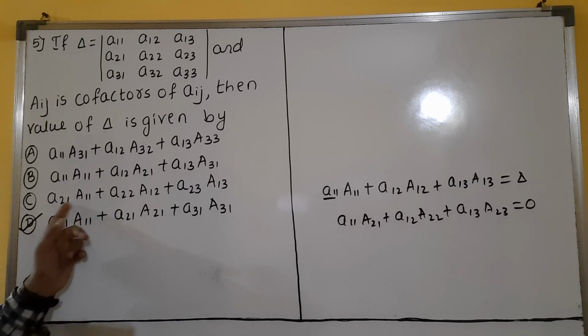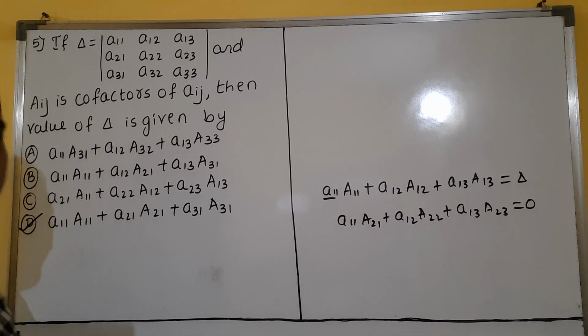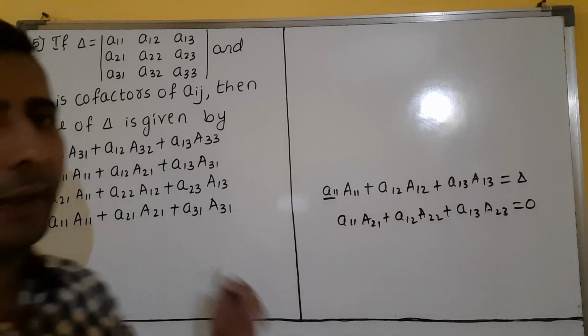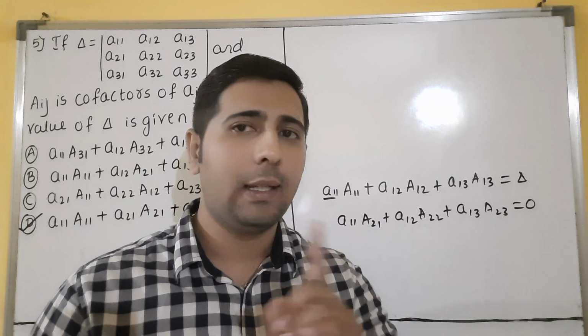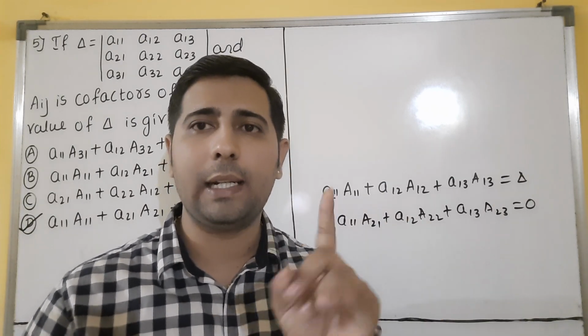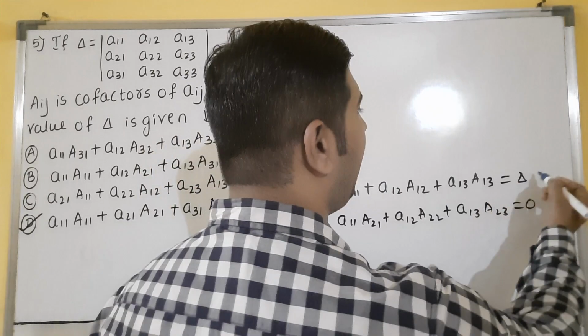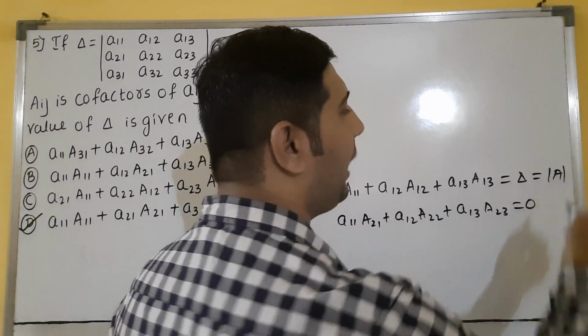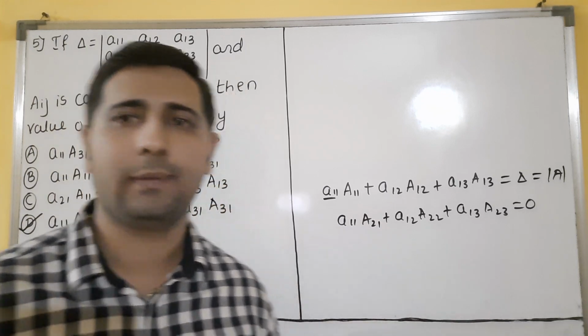You see, A21 is there, A11 is there, not same. They should be the same. If same, you get delta, otherwise not. Delta is nothing but determinant A. I hope it is clear. Please copy this. We'll go for the next question, dear students.